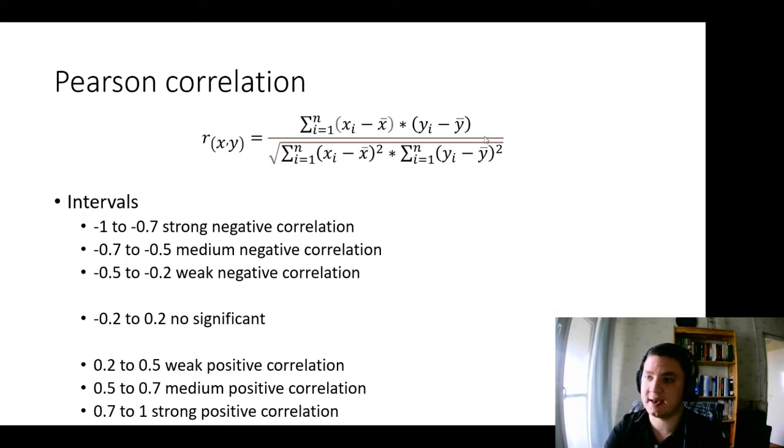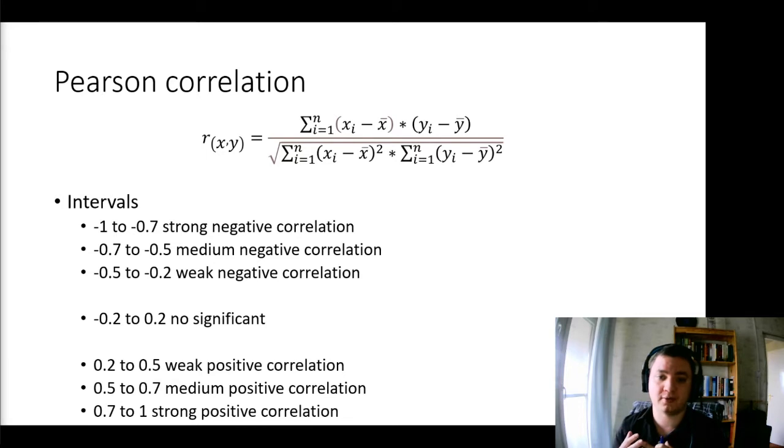So if we have a positive Pearson correlation, we have a strong positive correlation between the variables, which means that both variables take their high and low values in the same place. There is a direct proportionality between two variables.